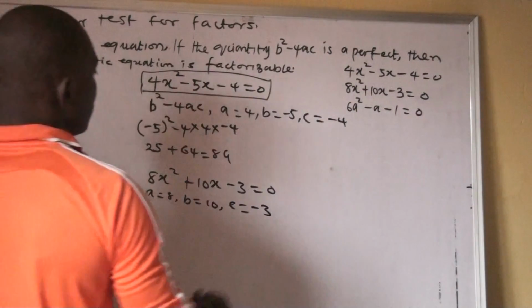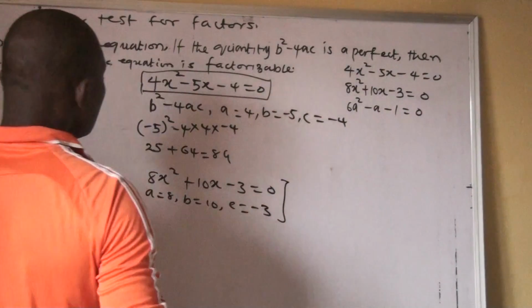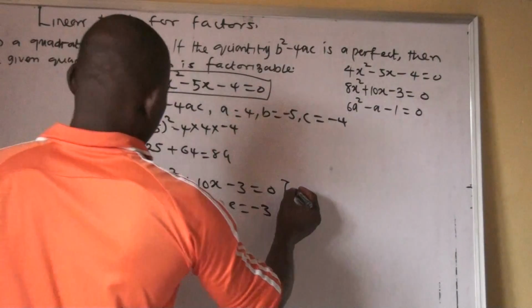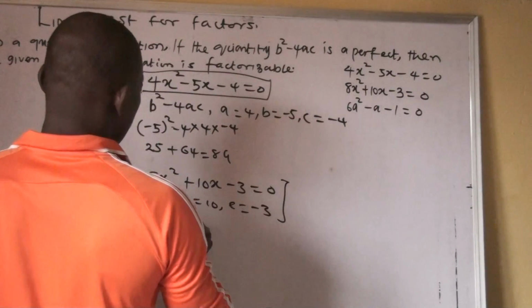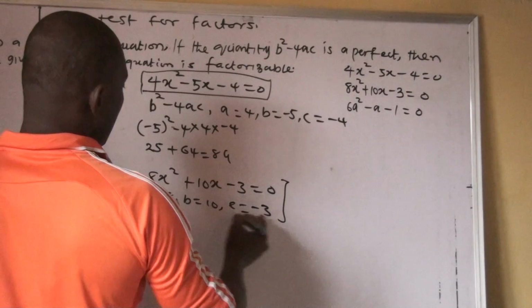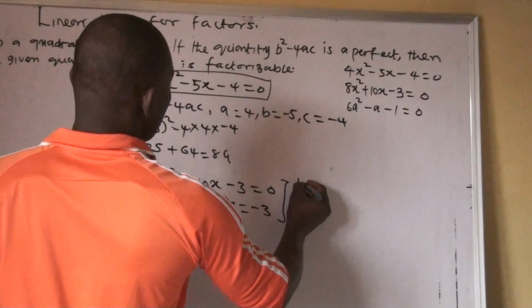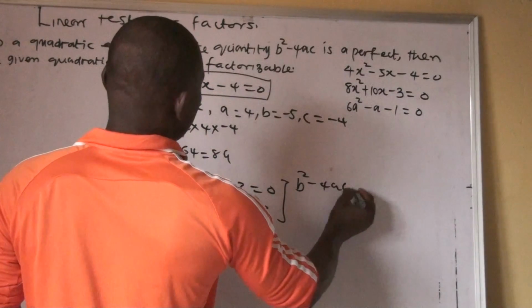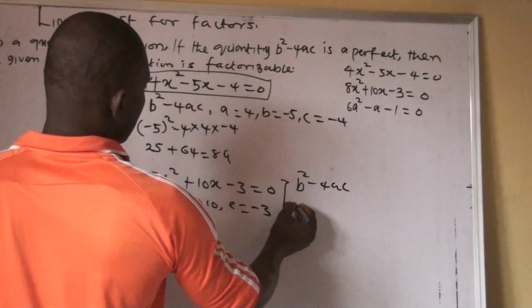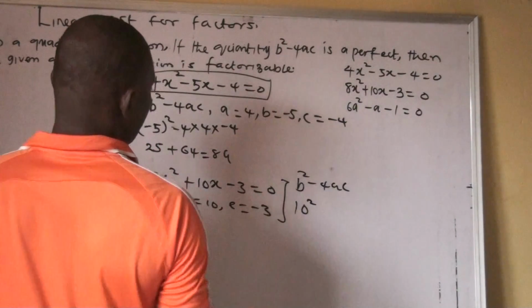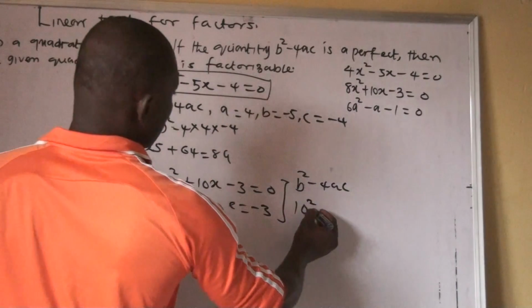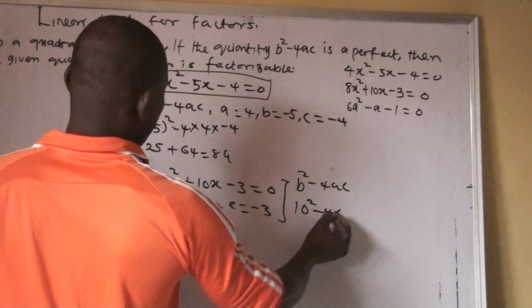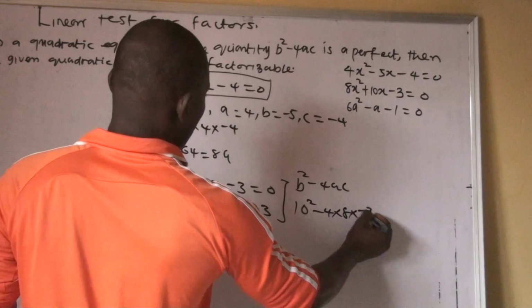So we want to test for linearity. We say b squared minus 4ac. Our b squared is 100, which is 10 squared, minus 4 times 8 times minus 3.